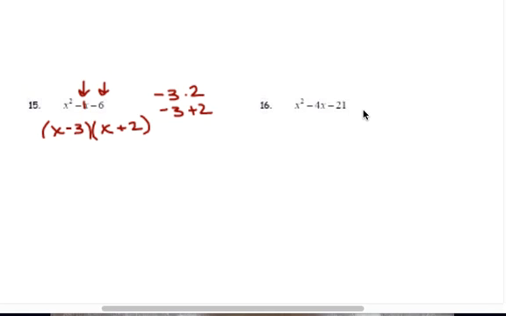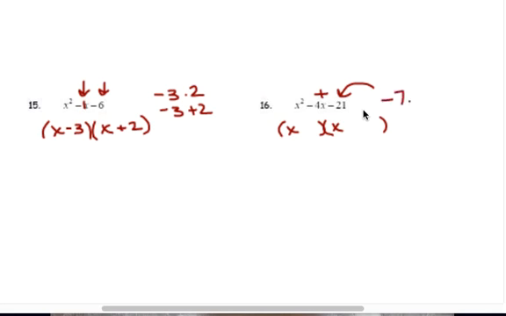Okay, 16. 2 numbers that multiply to negative 21, but add up to negative 4. You want to take a guess? 2 numbers that multiply to negative 21, but they add up to negative 4. Negative 7 and 3. Yes, very good.